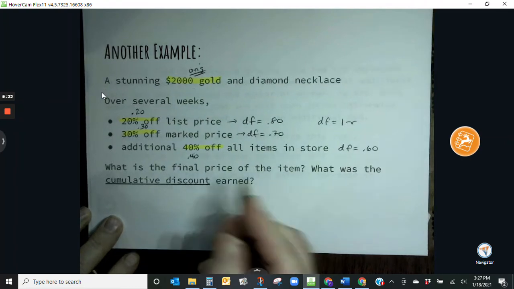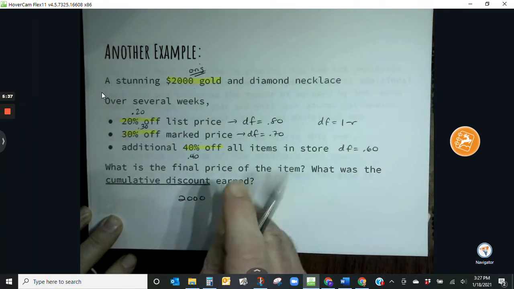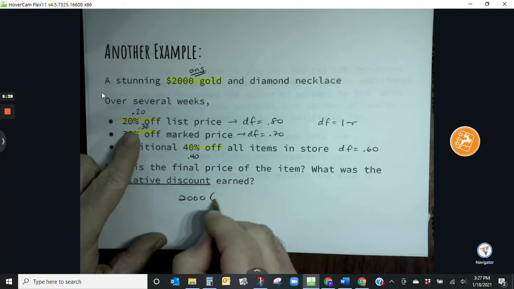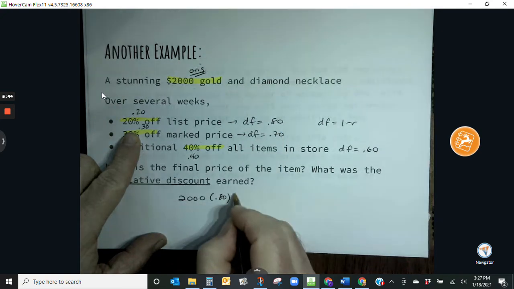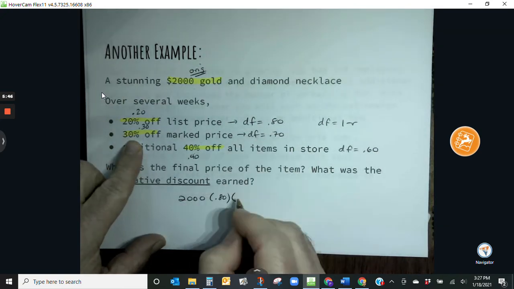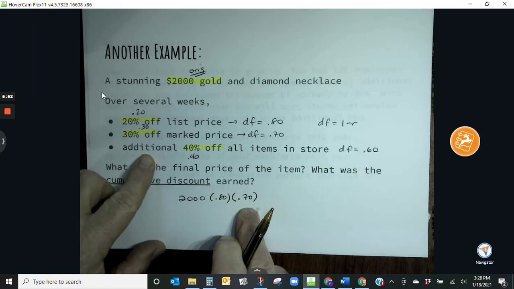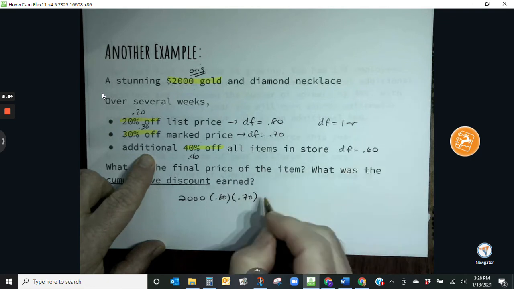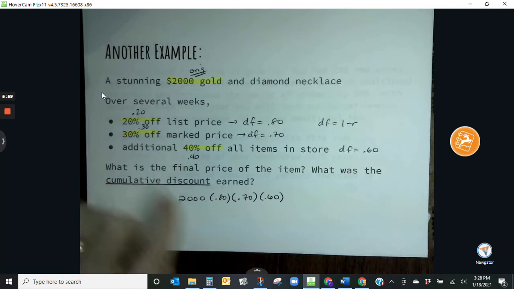So we have a $2,000 necklace that was marked down 20%, so I'm going to multiply that by 0.8, the decay factor. Then it was marked down by another 30%, so I'm going to multiply it by that 0.7. And then it was marked down by another 40%, so I'm going to multiply it by the last decay factor. This is why I want to use factors, because this is a whole lot easier.